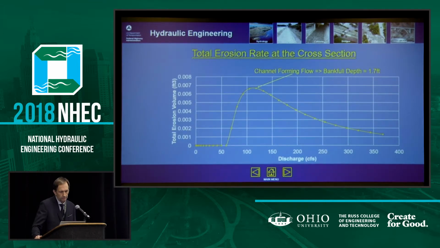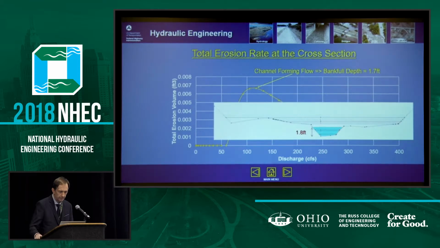And this is the chart of the erosion volumes, and as I pointed out, we picked the maximum point for the channel forming flow, and we computed a 1.7 feet Bankfull depth, which matches pretty well what we got from the Washington data.